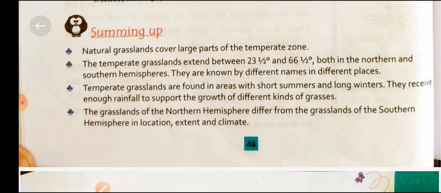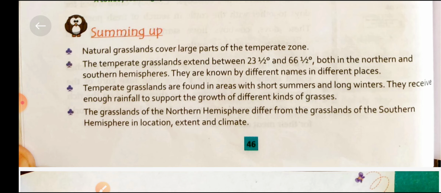Natural grassland covers a large part of the temperate zone. As you know, the grassland lies in the temperate zone and covers a large part of the region.